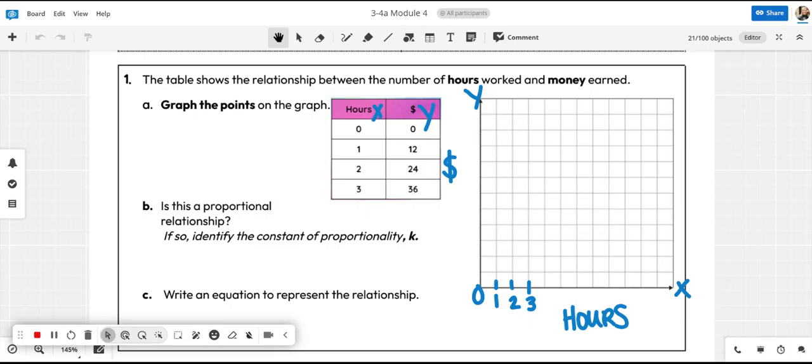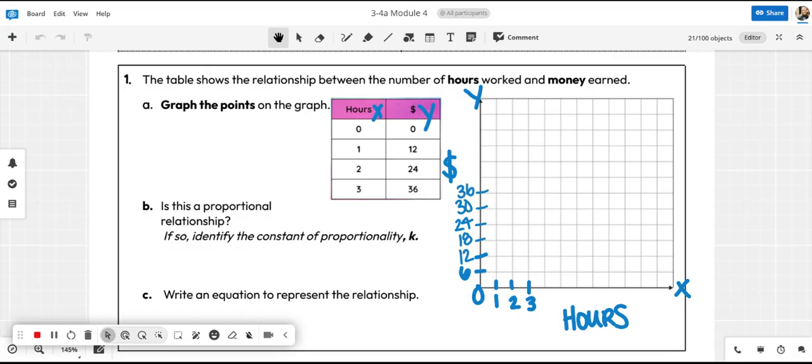Think about what you want your increments to go up on your y-axis. You notice it goes from 0, 12, 24, 36. There's not one correct answer for this, but we can't go up by ones because we can't fit 36. So I'm going to choose to go up by 6s: 6, 12, 18, 24, 30, 36.